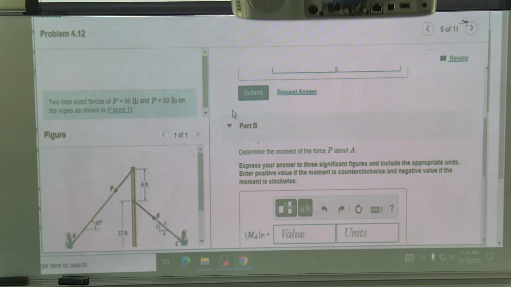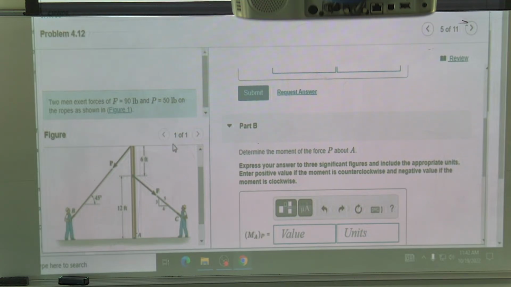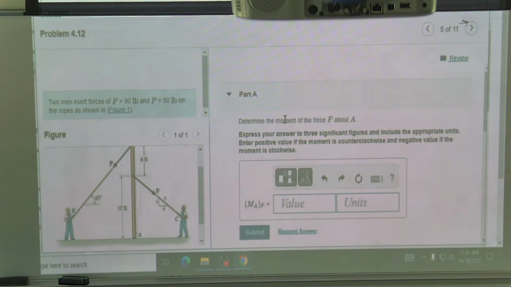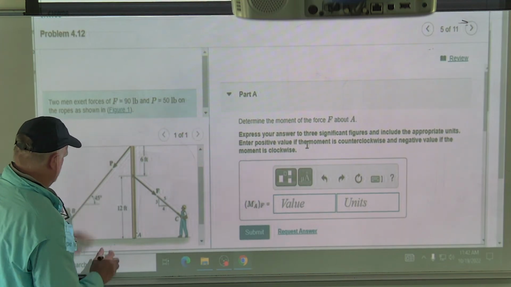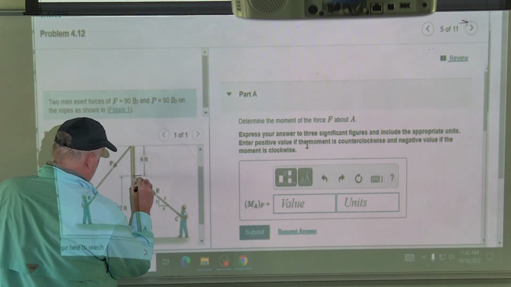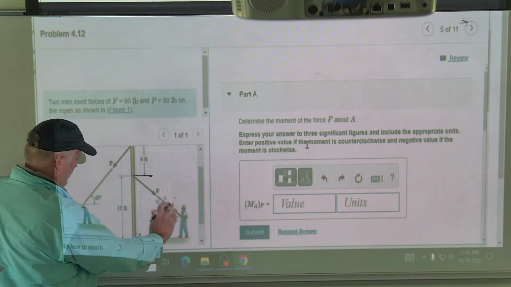Well, there is a part B. Okay, two men are exerting 90 and 50. And here's their little drawing, which I can't make bigger, which I wish I could. Determine the moment of the force about point A. That's kind of convenient because, essentially, okay, the guy's pulling here.